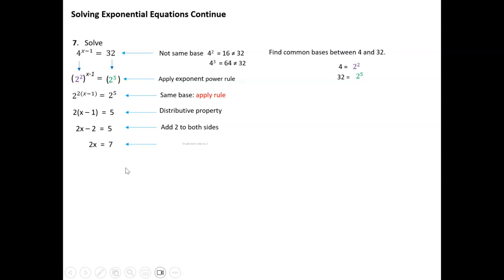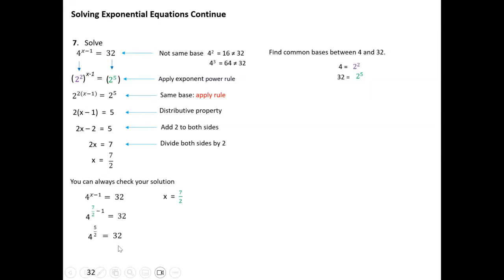And then we divide by 2. x equals 7 over 2. And again, you can always check your work. So I'm going to plug in 7 over 2 where the x is. 7 halves minus 1 will give us 5 over 2. And you put that in the calculator, guys, 4 to the 5 halves power is going to give us 32. So we know that's a correct answer.